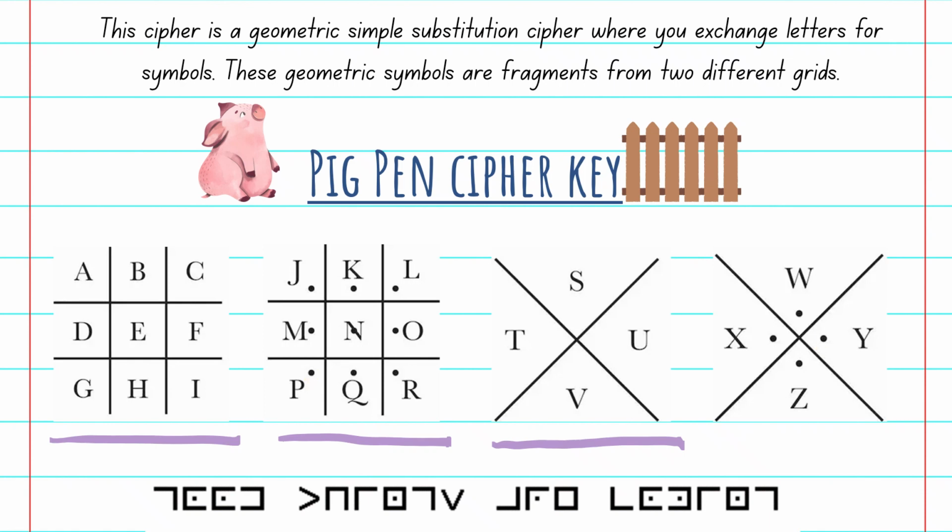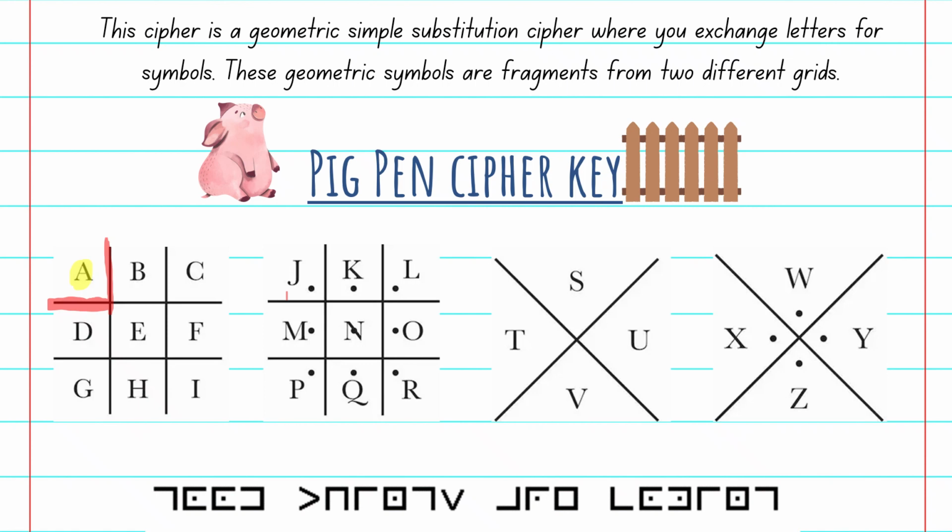Now, this is called a Pen cipher because each letter acts as a pig inside of its own pen, if you see here. This A acts as a pig, and the geometric shape around it acts as its pen.